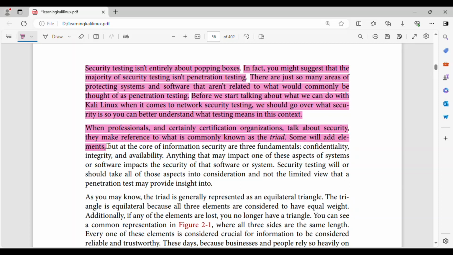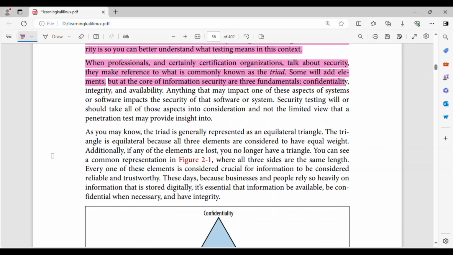Some will add elements, but at the core of information security are three fundamentals: confidentiality, integrity, and availability. Anything that may impact one of these aspects of systems or software impacts the security of that software or system.